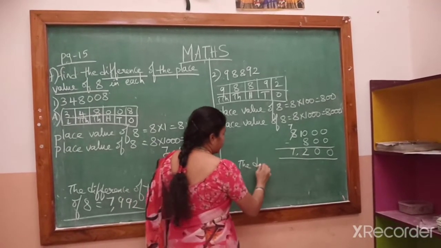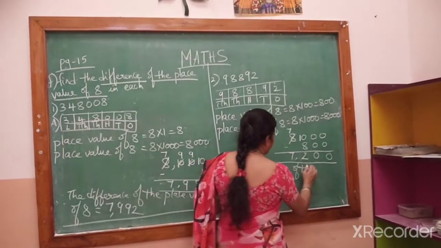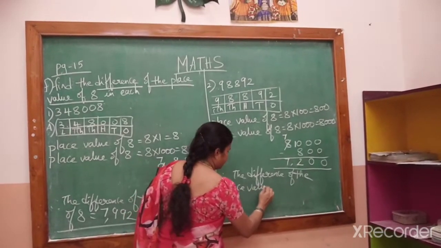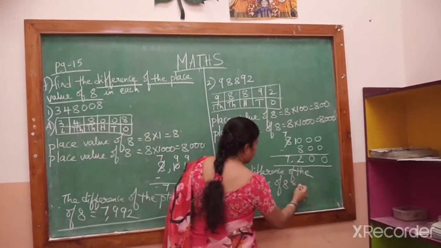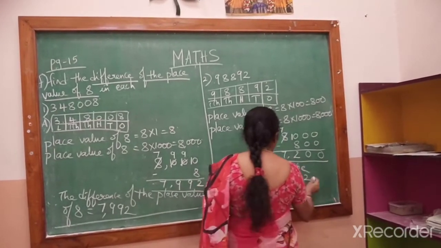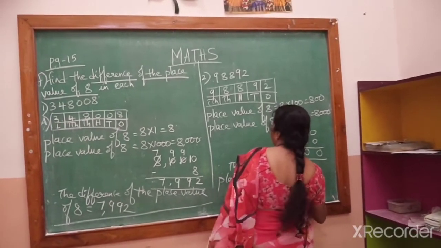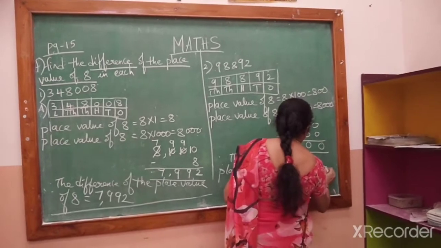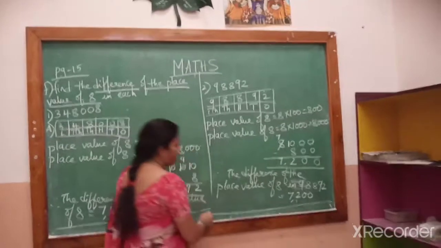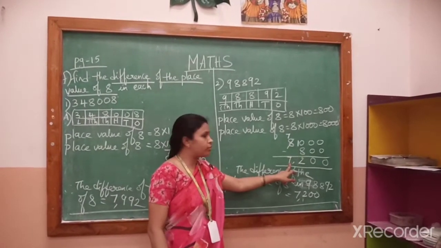Therefore, the difference of the place values of 8 in 98,892 is 7200. We have subtracted both the place values, so we got the answer as 7200.